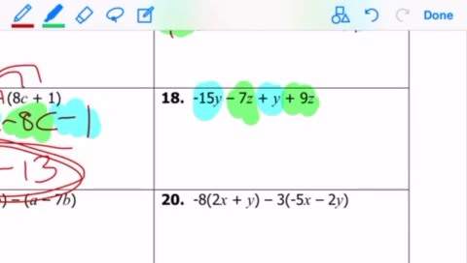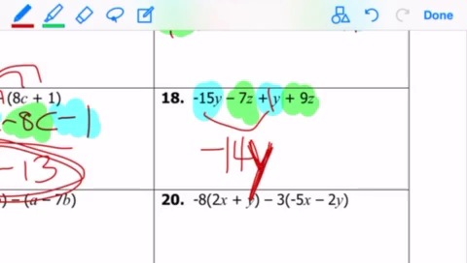We usually follow alphabetical order, so Y would come before Z. And I'm going to put a 1 in front of that Y because that's the coefficient. All right, so combining these, we have negative 15 plus 1. That's negative 14Y. And the Y is there. It doesn't become Y squared. We're adding the coefficients or the front numbers only.